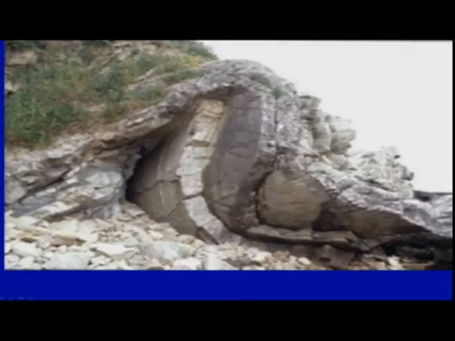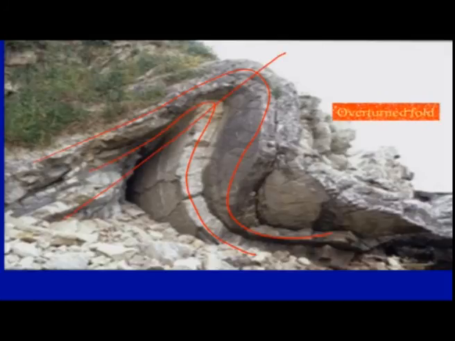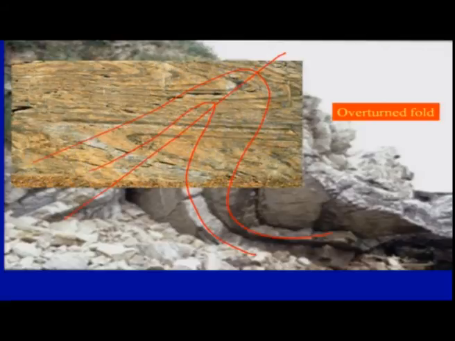If you look at this one, this is the normal limb, but this one is getting overturned. So it has moved beyond the vertical. The fold axis or the axial plane will be somewhere here. So this is an overturned fold.